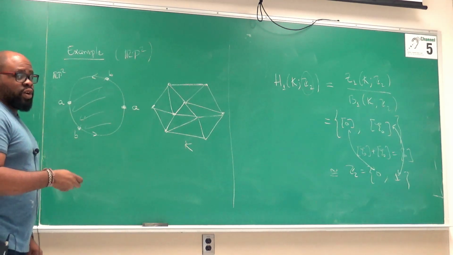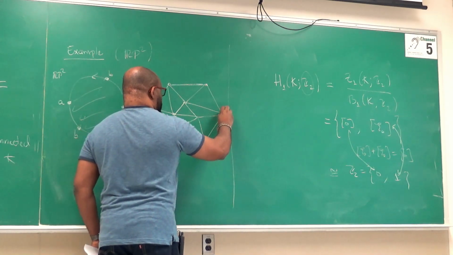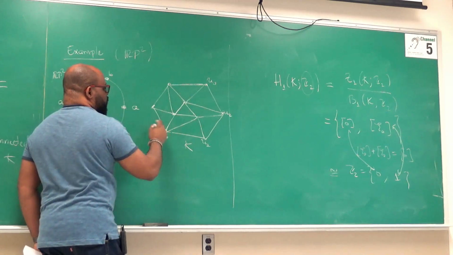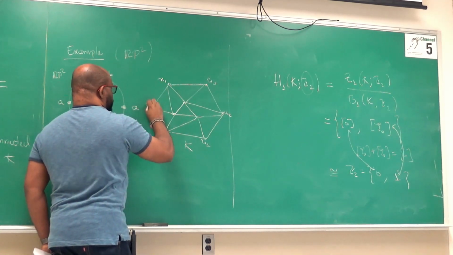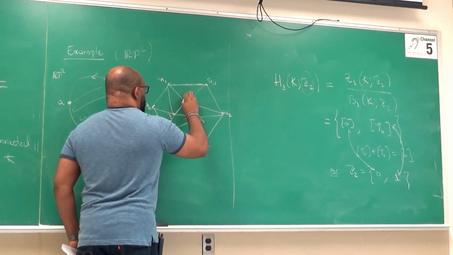Right? So we're going to call this K. And then in this complex, I have that this is U0, U1, U2, and then U0 again, because these are diametrically opposed, and then U1, and then U2. Let me call these U3, U4, and U5.